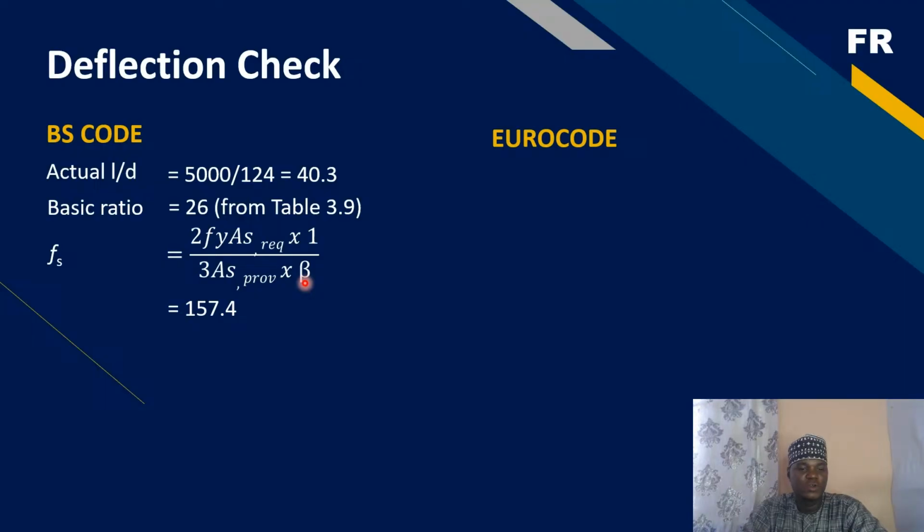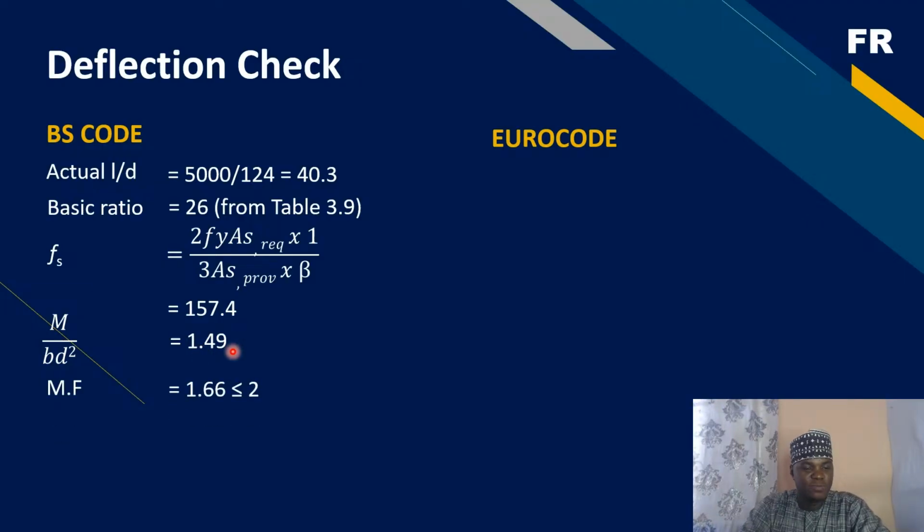In order to calculate the modification factor for the limiting ratio, we need to evaluate M over b d squared. We know our M to be 22.89, b is 1000, d is 124. Substituting that, we have 1.49. At the end of the day, the modification factor is going to be 1.66, which is less than 2 based on the code requirement.